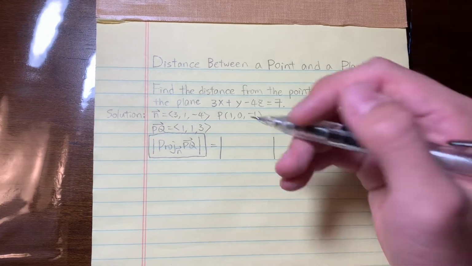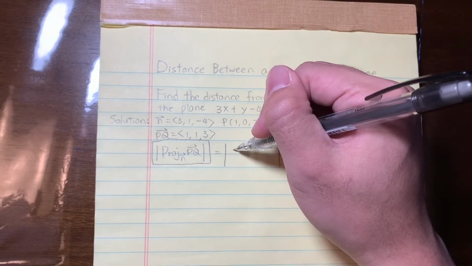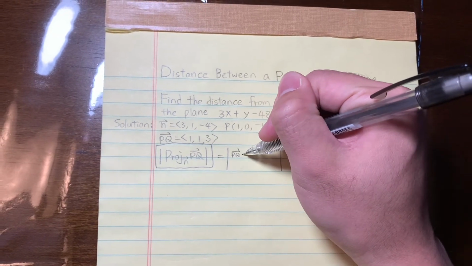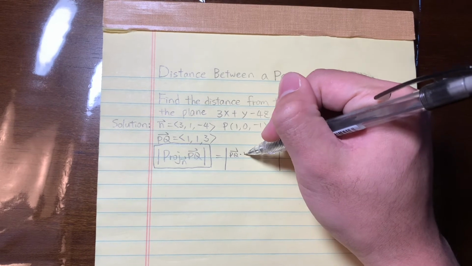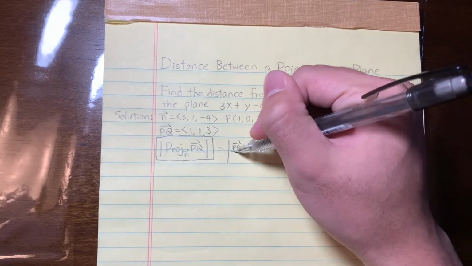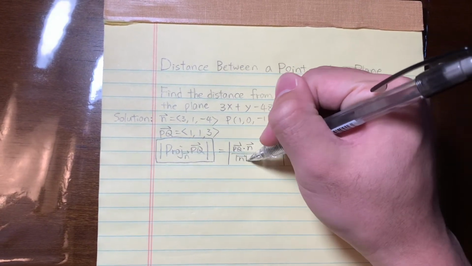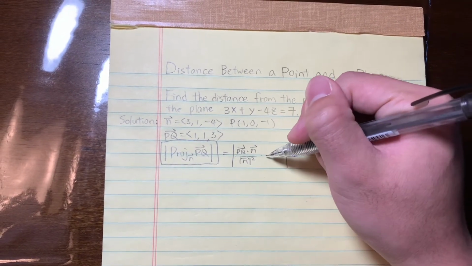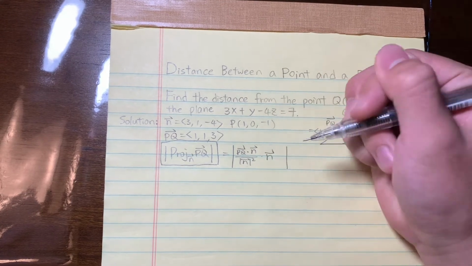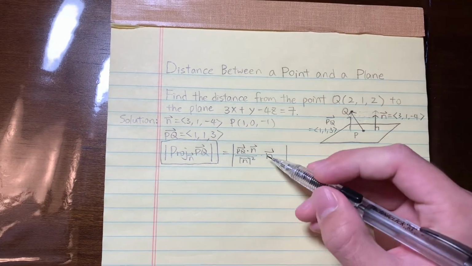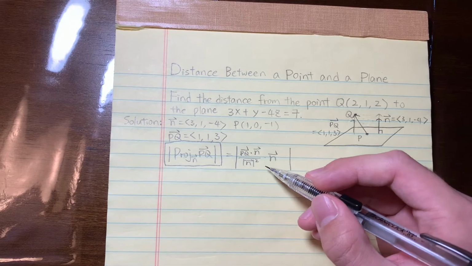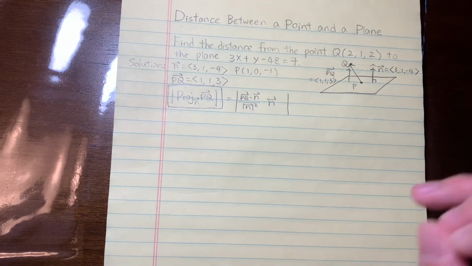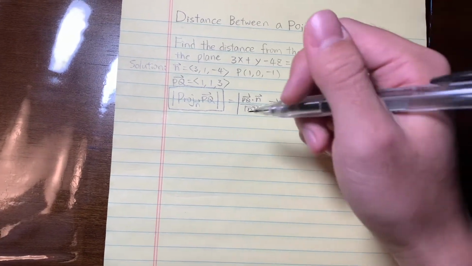What I mean by that is, PQ dot product with N. This is the first time, 2 times, times N. That is the formula for projection. And here, all we gotta do is just plug in the numbers.